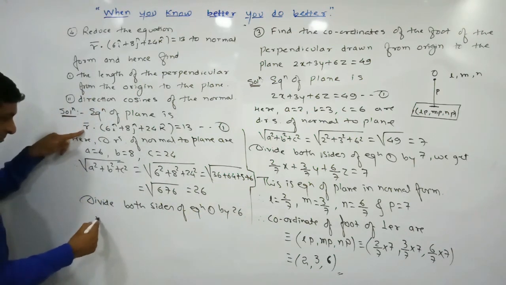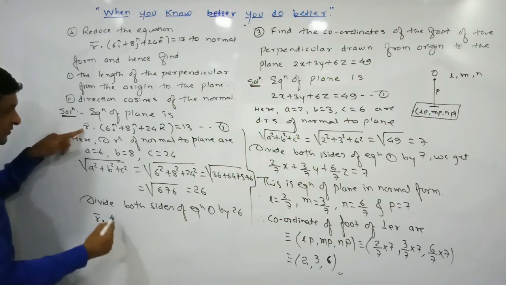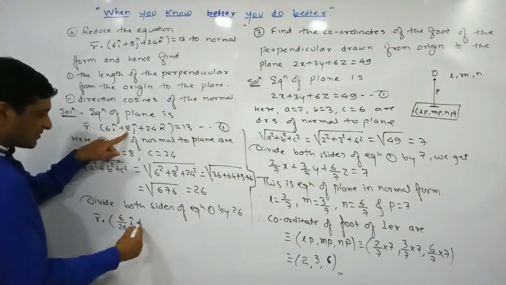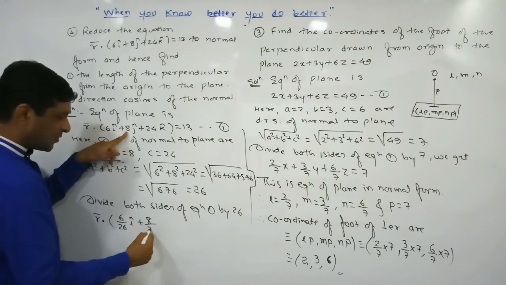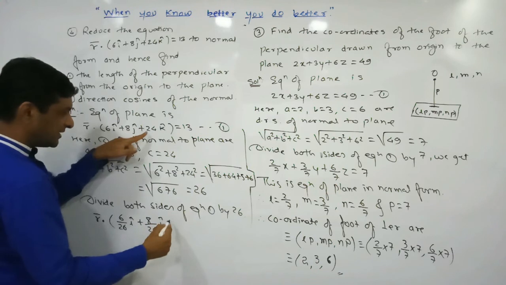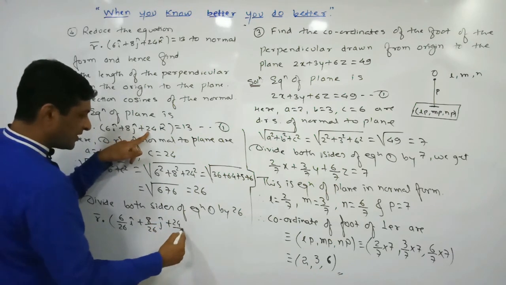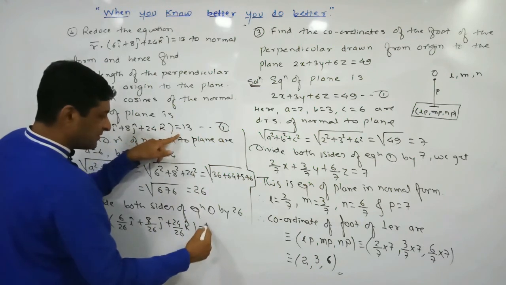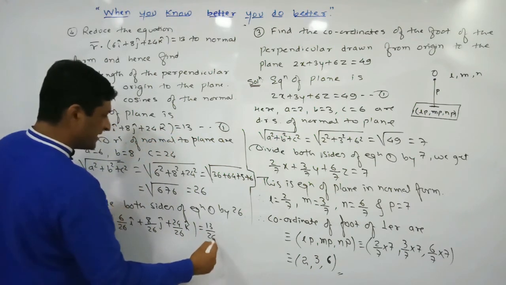Here r bar, keep it as it is, dot also as it is. The first term is 6 upon 26 i cap, then 8 upon 26 j cap, then 24 upon 26 k cap, and on this side we will get 13 upon 26.